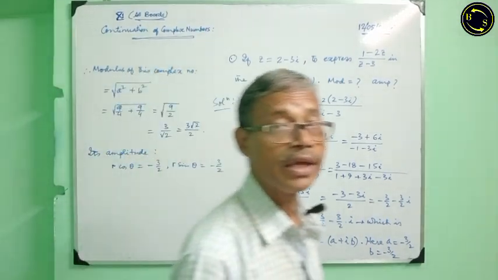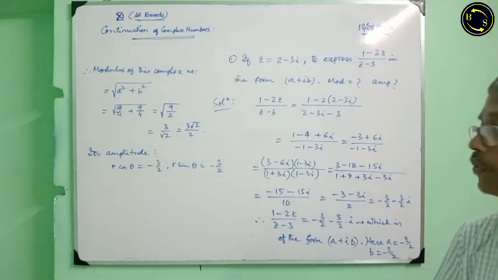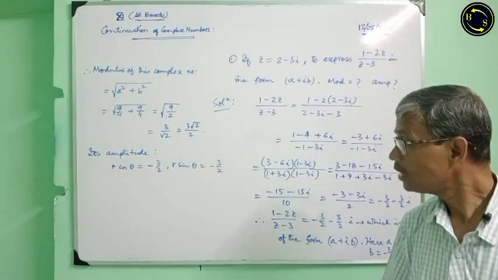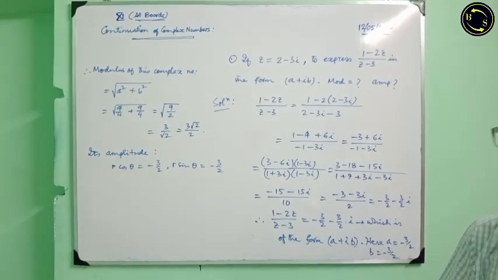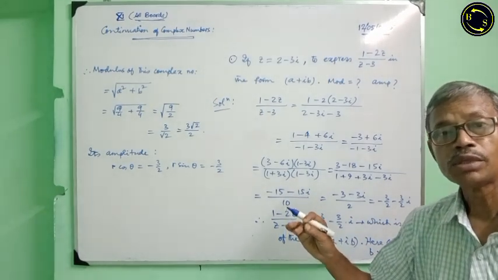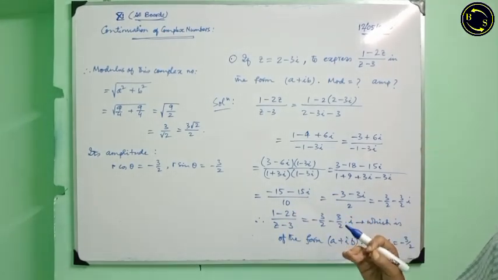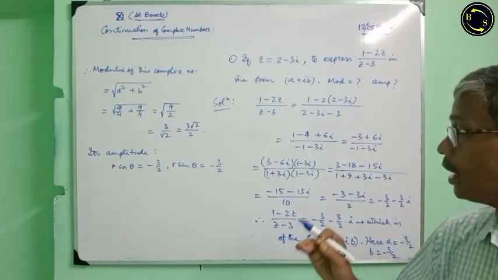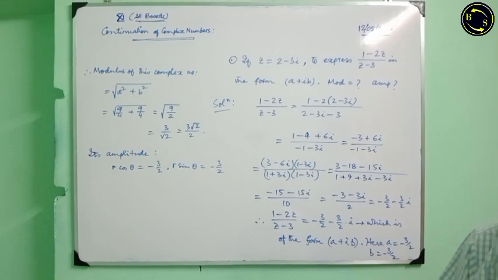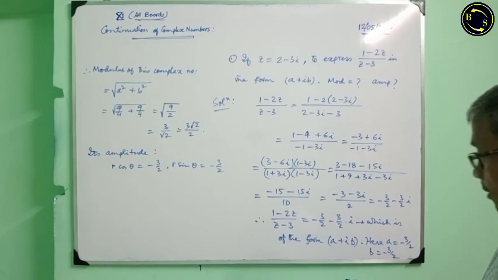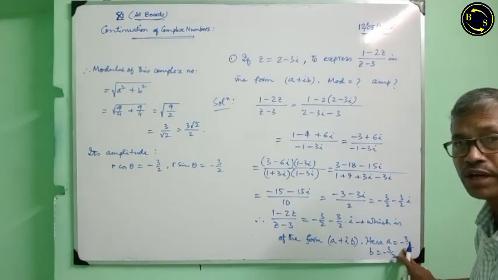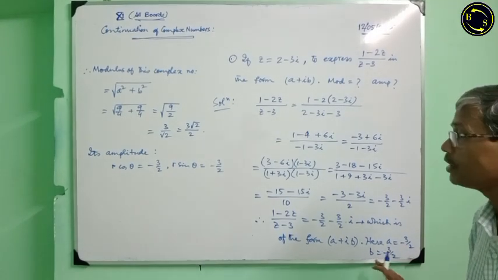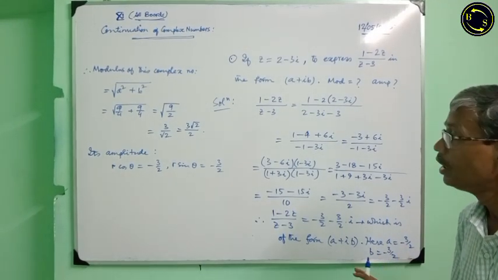I discussed earlier, when you are going to find the modulus and amplitude, especially for amplitude, you write the polar form of the given complex number. That is r cos theta plus i r sin theta is equal to a plus ib. Here a is equal to minus 3 by 2. Therefore r cos theta equal to minus 3 by 2, r sin theta equal to minus 3 by 2.